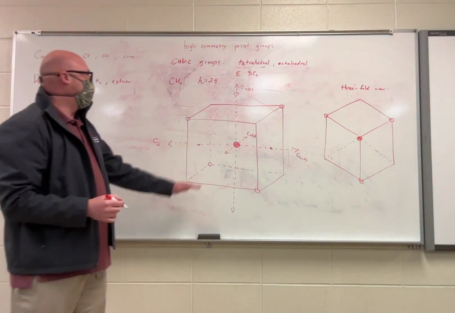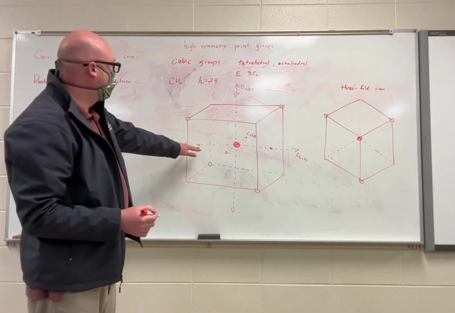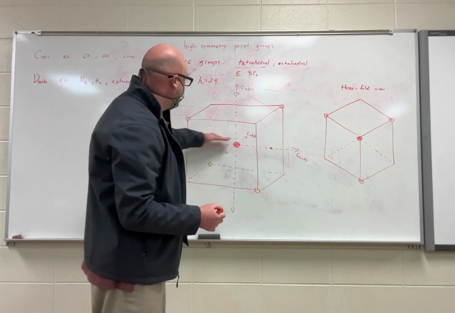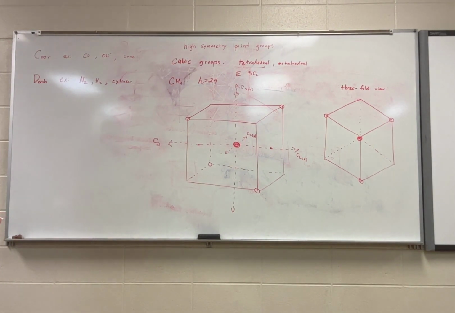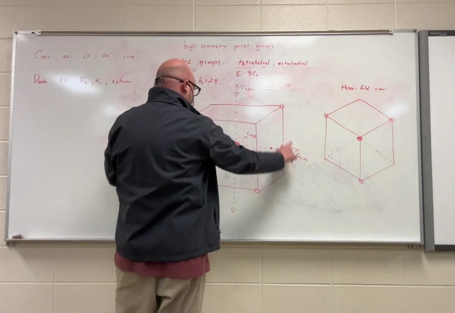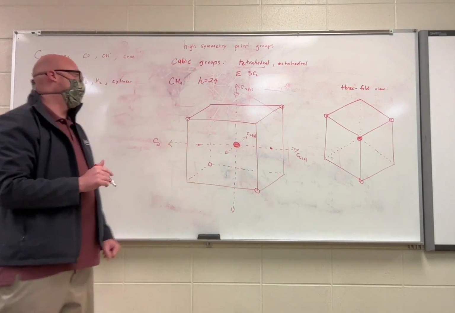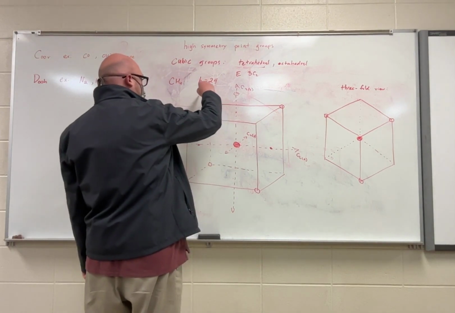If I take the xy plane, so that's the flat plane here that cuts it in half this way, is that a reflection? No. That's not a reflection because it would take these two here and these two here. That's not symmetry equivalent.